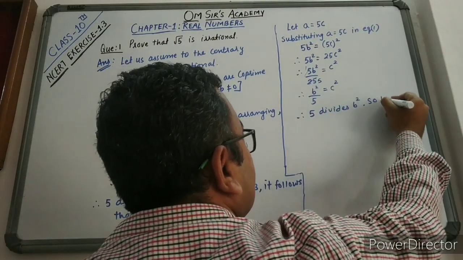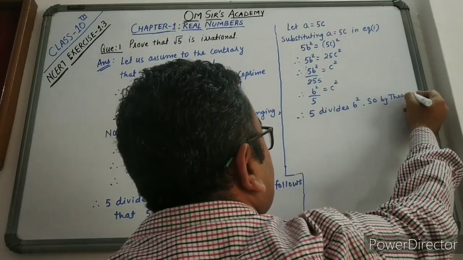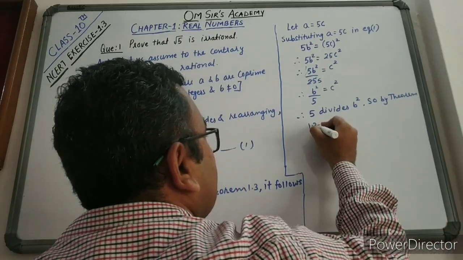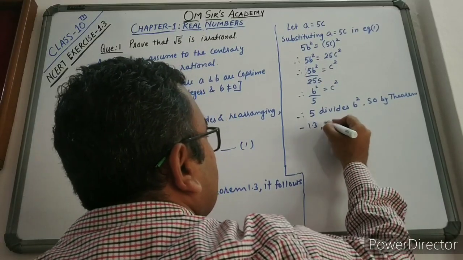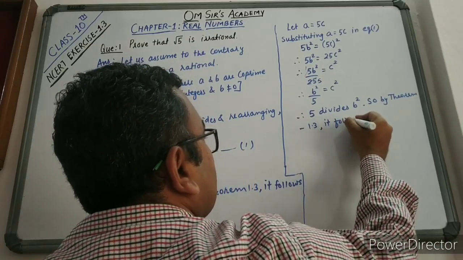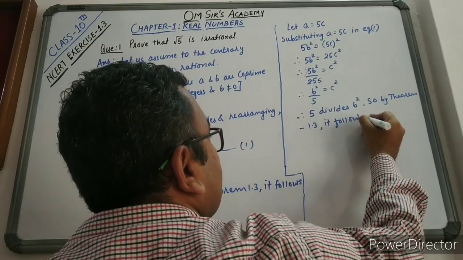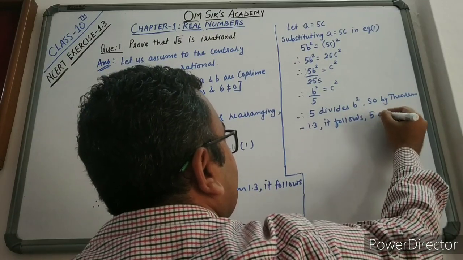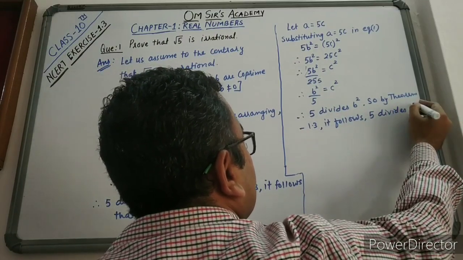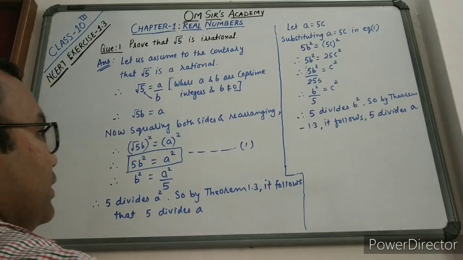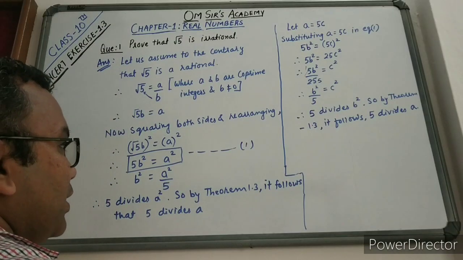So by theorem 1.3 it follows that 5 divides b. ठीक है, 5 b को भी डिवाइड कर रहा है. Is it clear?